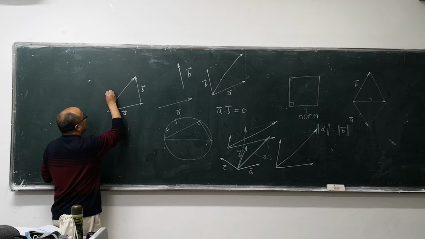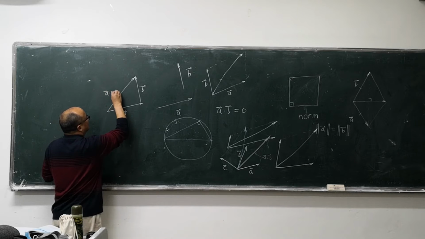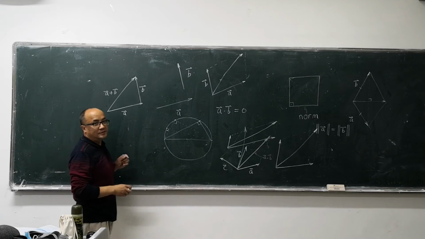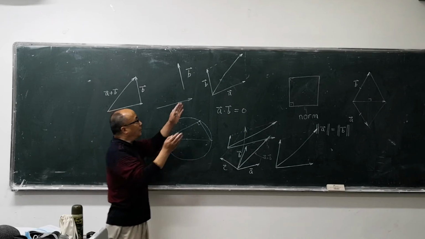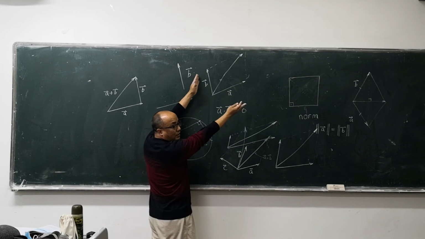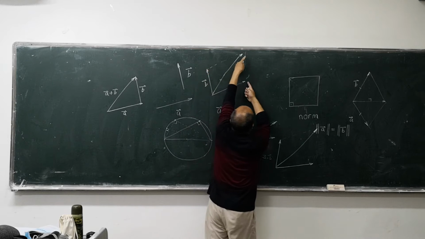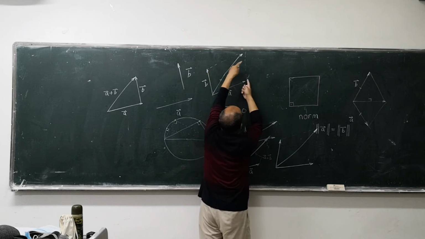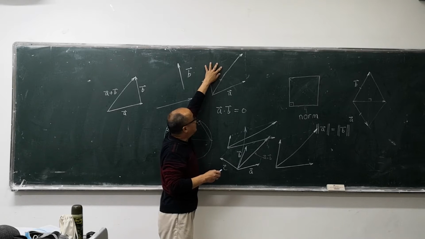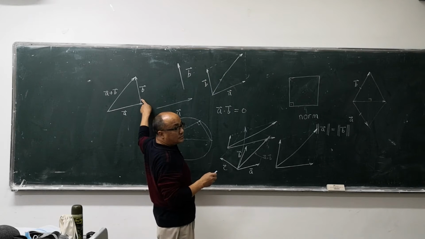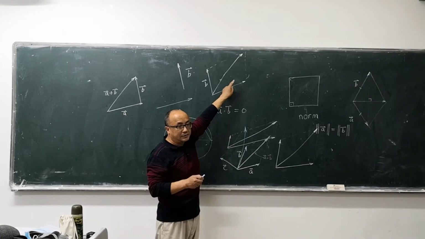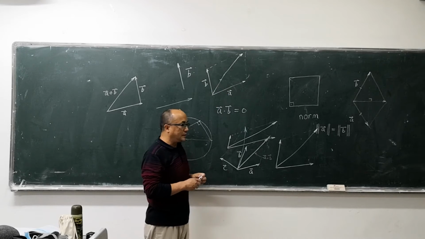Remember? This is also the way to get A plus B. But the real original is this. It's a parallelogram. This one and this one are the same. This one and this one are the same. You can ignore this part and just look at it. This and this are the same result.